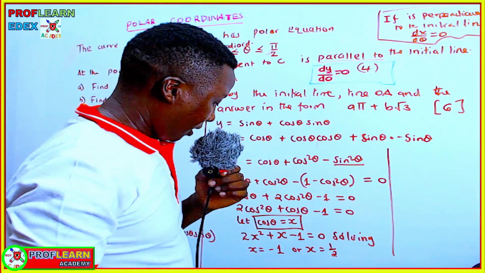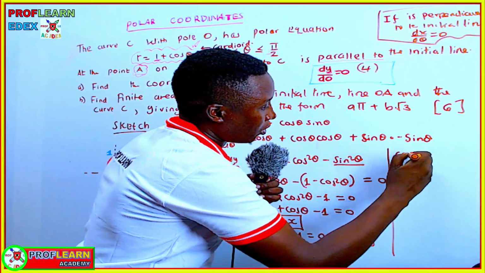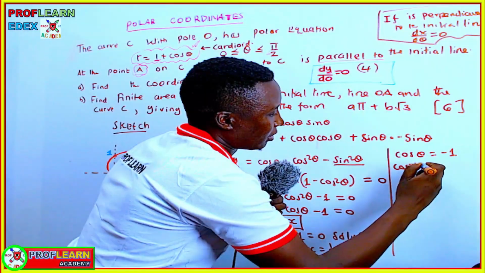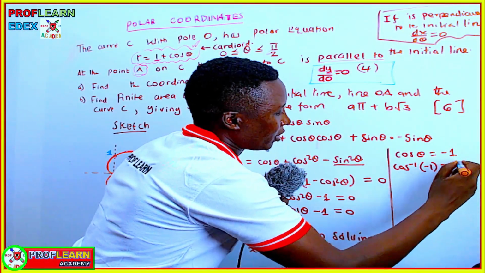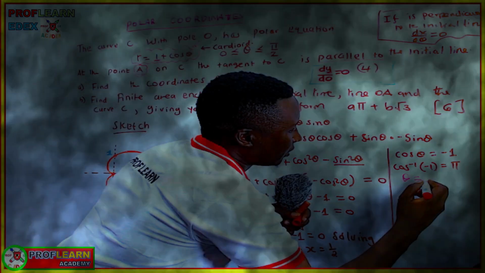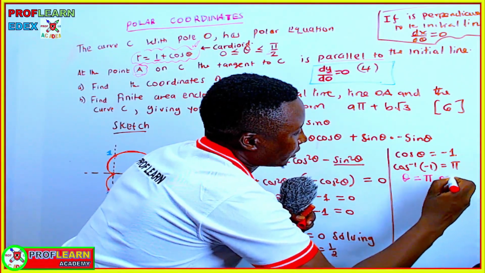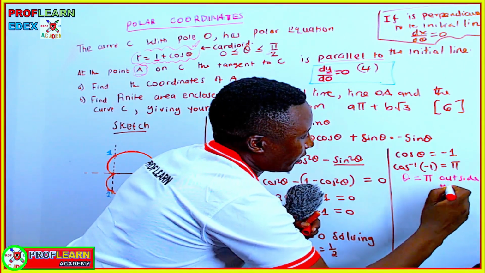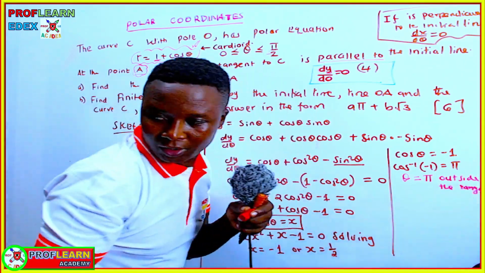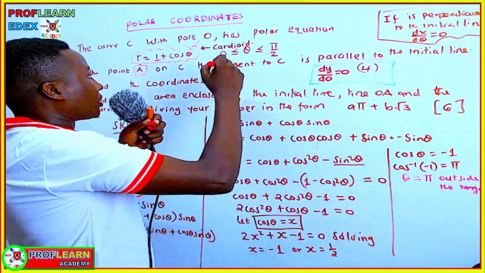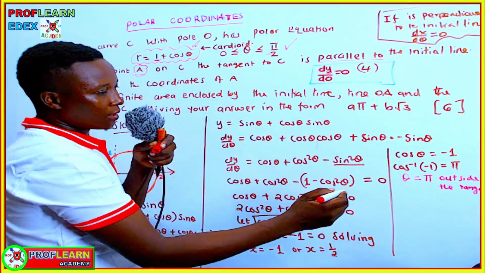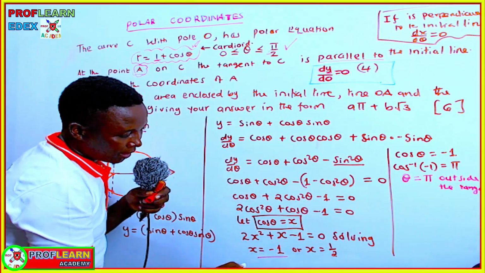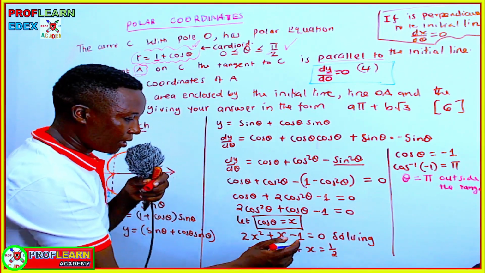So cos theta is equal to minus 1. Cos inverse of minus 1 is pi, so theta equals pi, which is outside the given range. Remember, the range of the angle that we were given was this. So this theta is not part of the solution, and we are done with it.